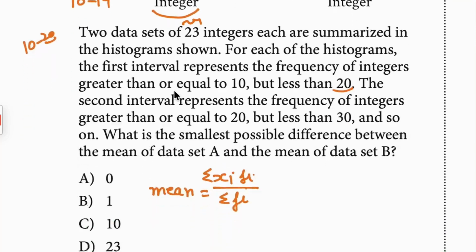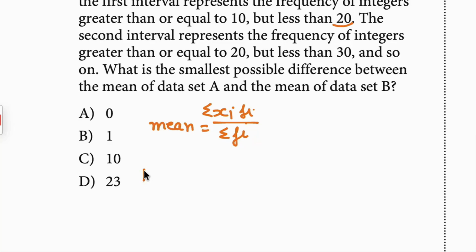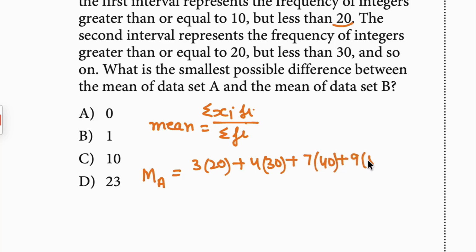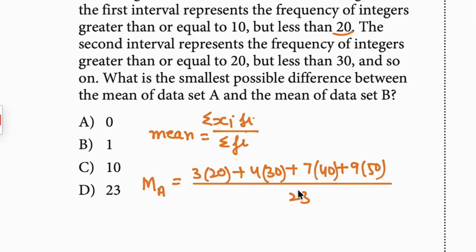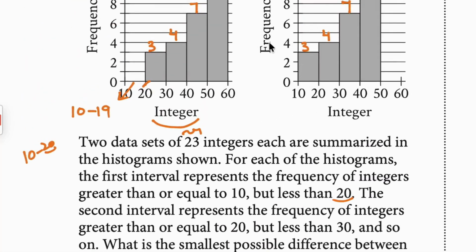Let's write the mean of data set A, that is equal to 3 times 20 plus 4 times 30 plus 7 times 40 plus 9 times 50 over sum is 23. Now if I go with the other one and I want to cover this 20, so it will be till 19 as per the question.